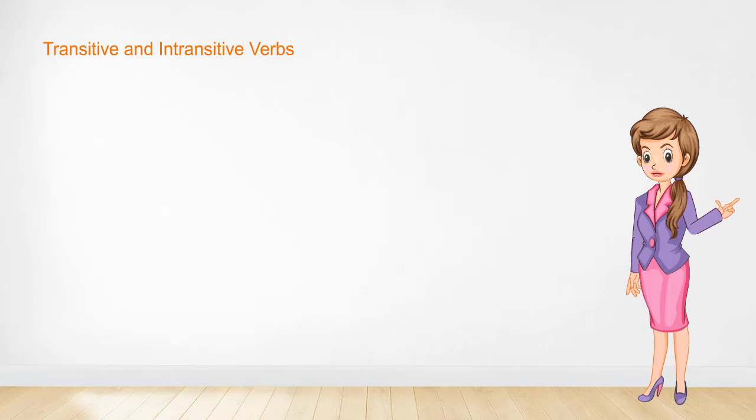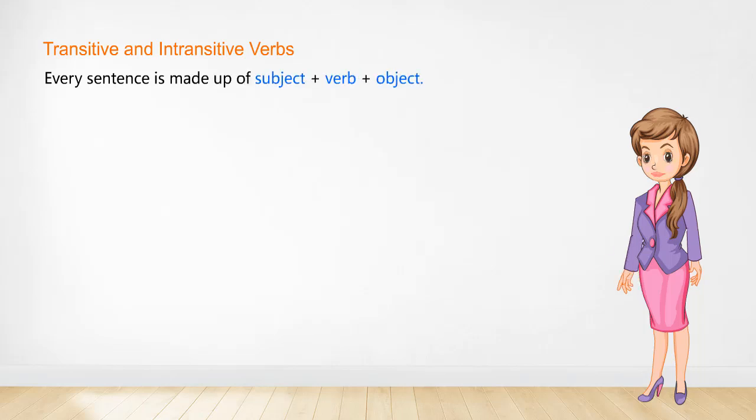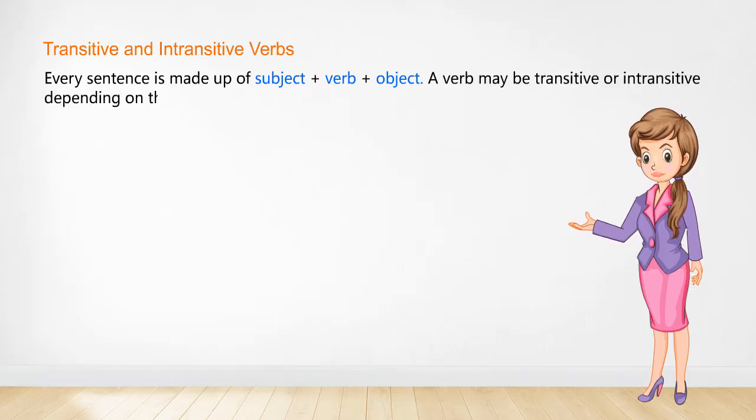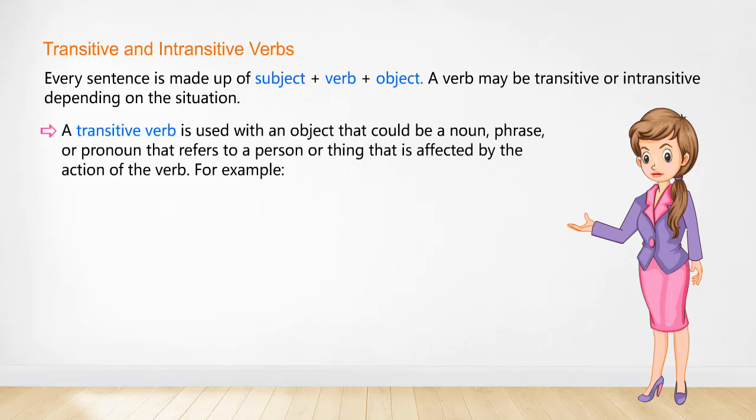Transitive and intransitive verbs. Every sentence is made up of subject plus verb plus object. A verb may be transitive or intransitive depending on the situation. A transitive verb is used with an object that could be a noun, phrase, or pronoun that refers to a person or thing that is affected by the action of the verb.